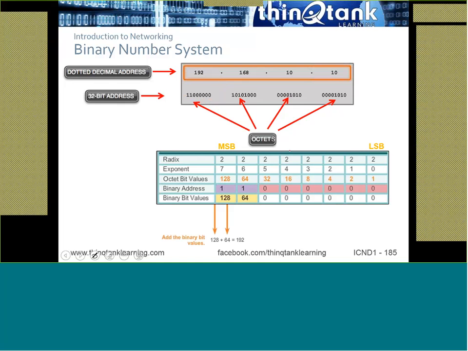I would highly recommend, no matter how good you are with binary math, that you write down your powers of 2 scale at least up to the power of 13. We don't worry about that with an address, but there are some calculations that you'll have to do up to that 2 to the power of 13 level. So make sure that's one of the things that you jot down.